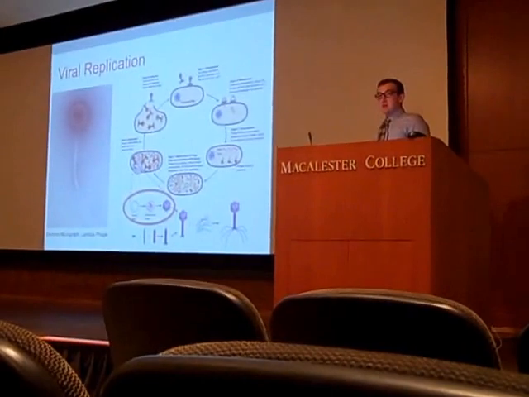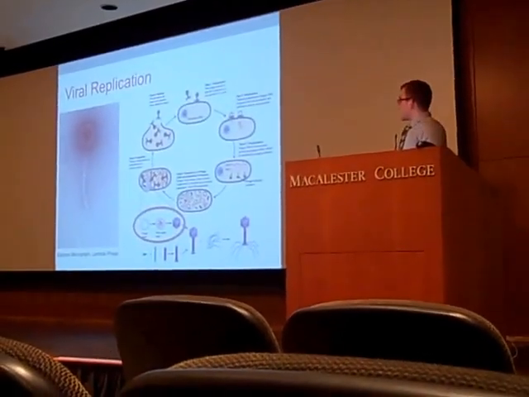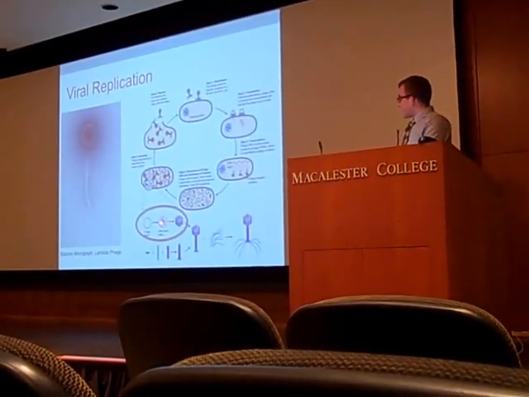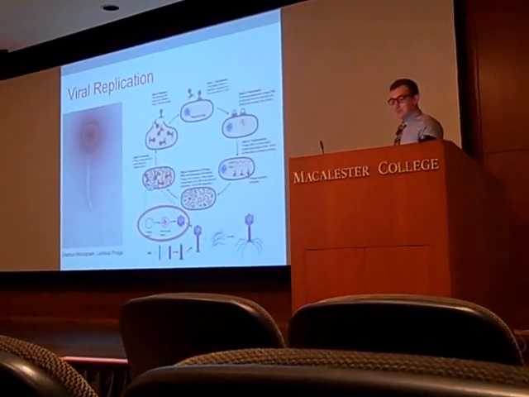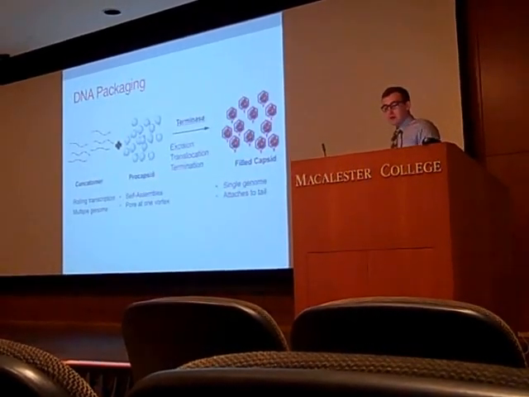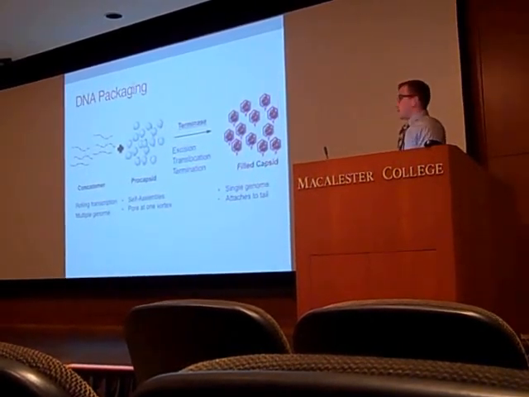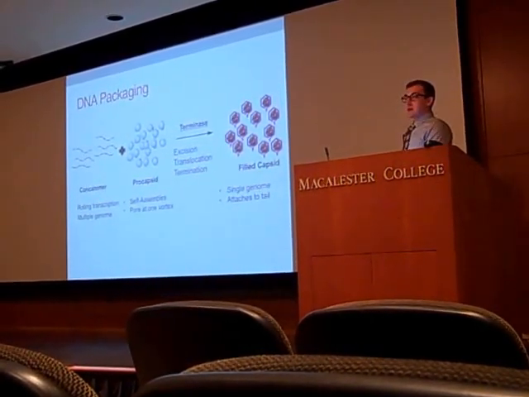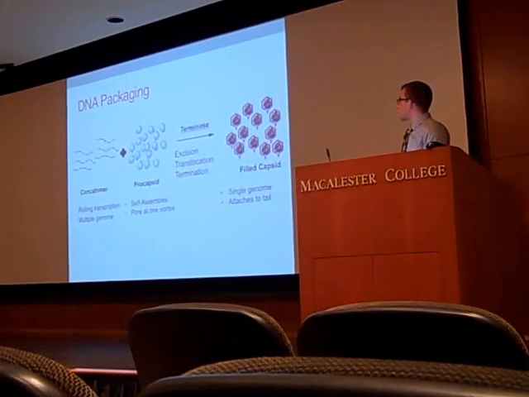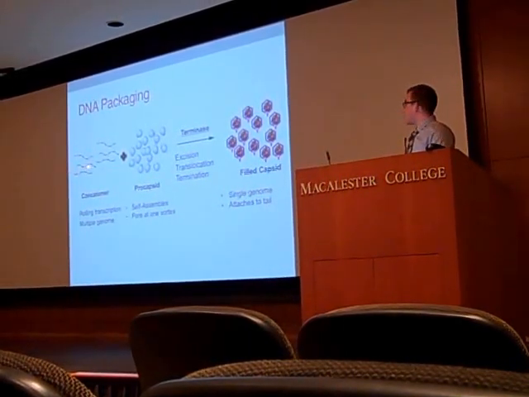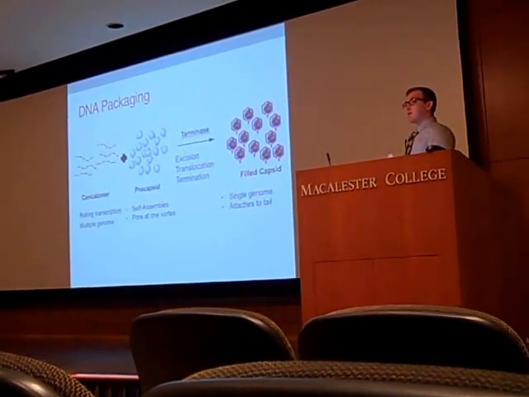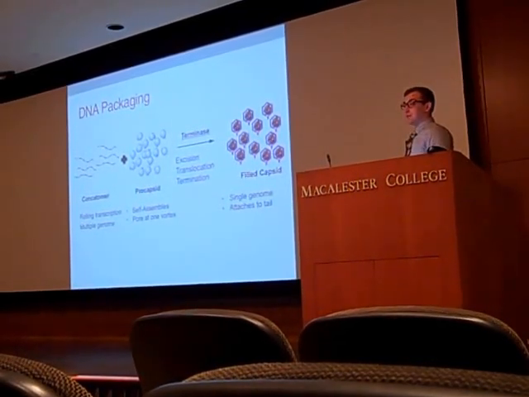The part of this process that we're most interested in is the assembly, in particular, the packaging of the viral DNA into a complete viral capsid. So, the viral DNA, when it's copied via rolling circle replication, takes the form of a concatemer. This is a long molecule of DNA which contains several viral genomes stacked end to end.